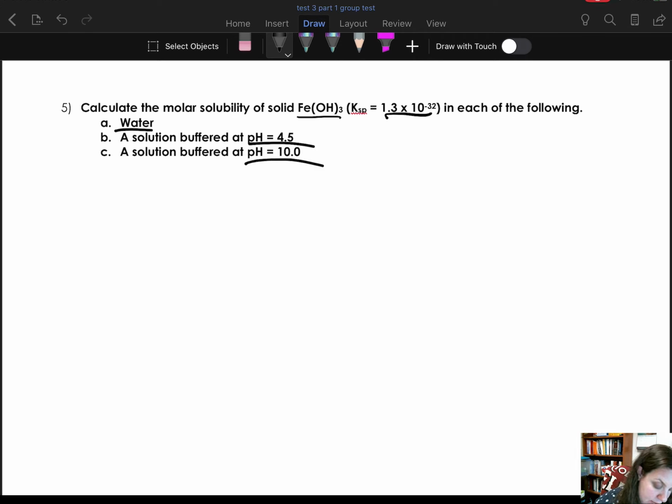So for A, we're taking iron hydroxide solid, dissolving it to produce iron 3+, and 3 hydroxides.